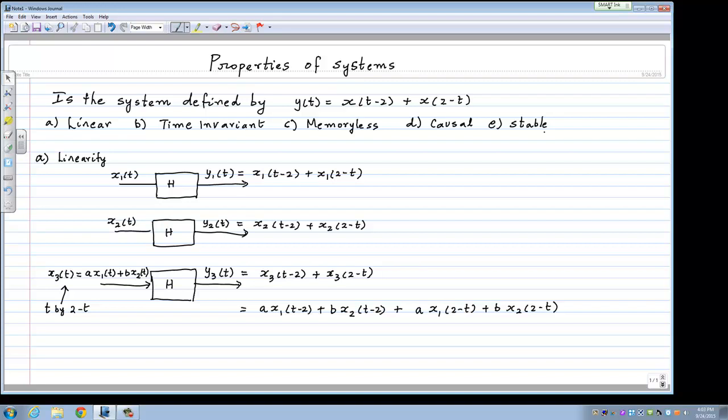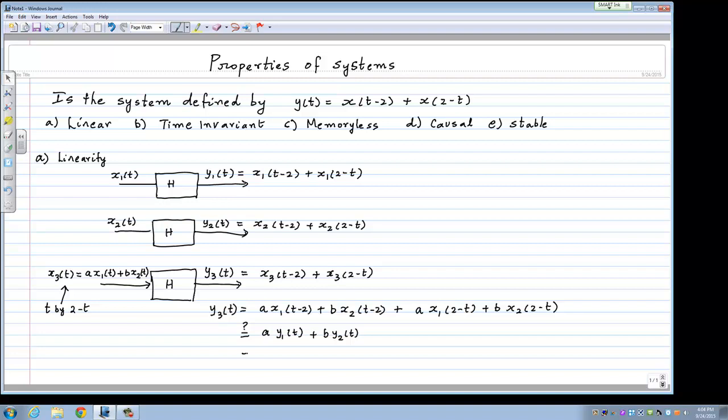Alright. So the question now is whether y3 of t given by this expression is the same as a times y1 of t plus b times y2 of t.